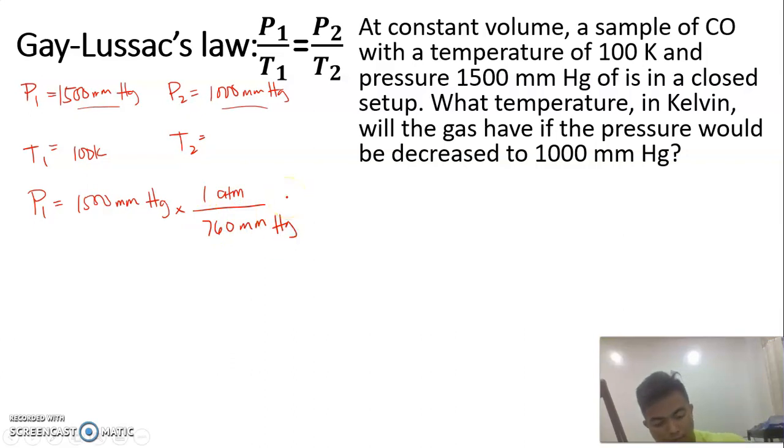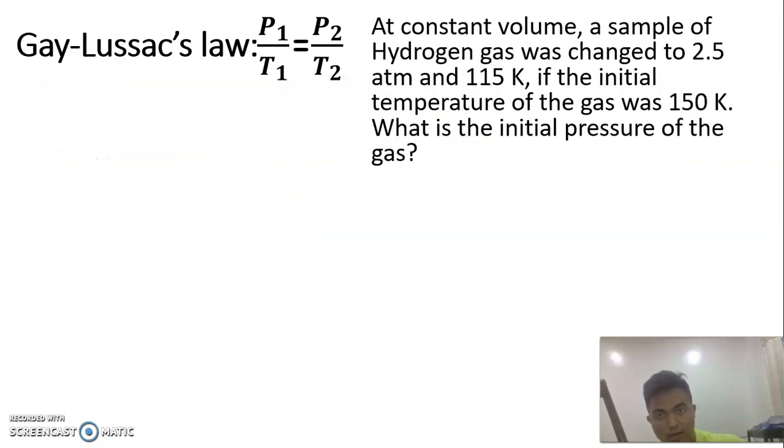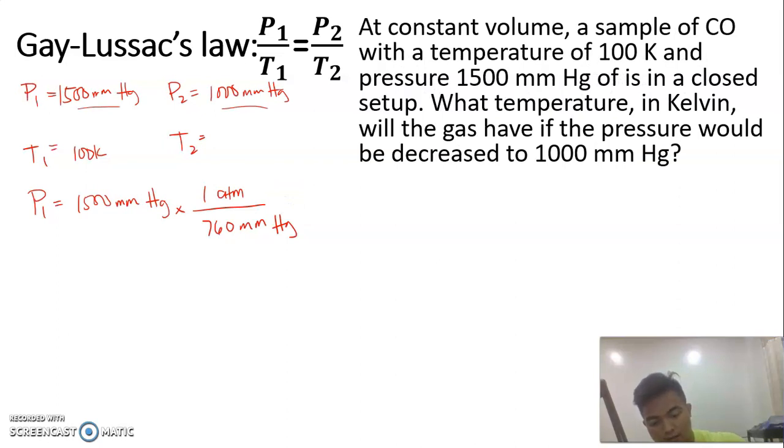So 1,500 divided by 760 is going to be 1.97 atmosphere. Okay, cancel. So you have 1.97 atmosphere. That's your P1.